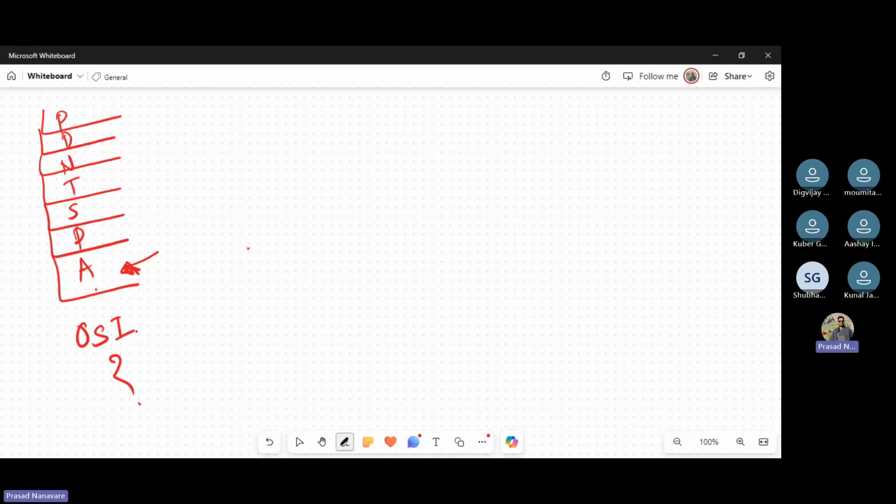But let me explain you first. This is called the OSI reference model, right? So why is this word reference in between? Because this is just a reference model. It's practically not applicable. There is something called the TCP/IP model. Have you heard? You must be knowing the layers also, right?